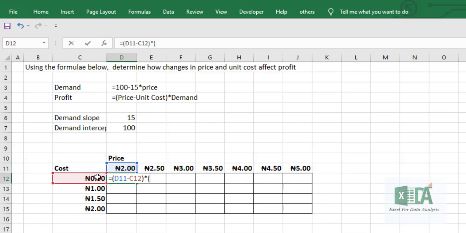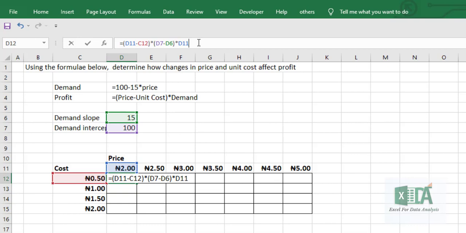We have equals to demand intercept minus slope multiplied by the price, which is this.